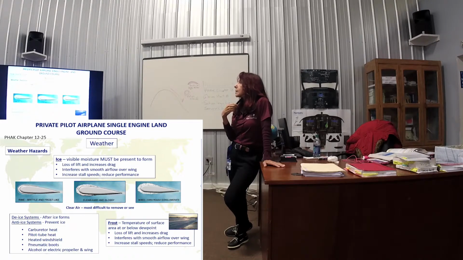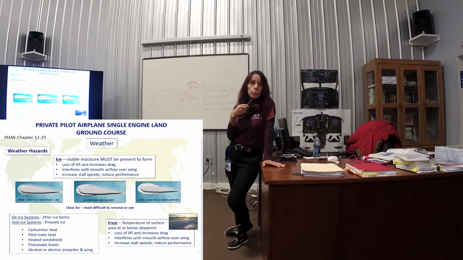To have ice, you must have visible moisture. It can be in the form of vapor. Most clouds hold visible moisture. Definition of frost: temperature of the surface area at or below dew point.